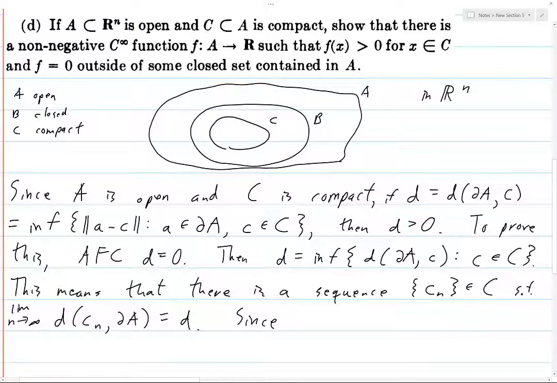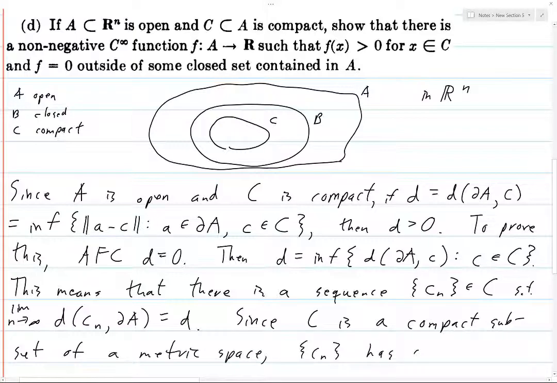Since C is a compact subset of a metric space, c_n has a convergent subsequence.